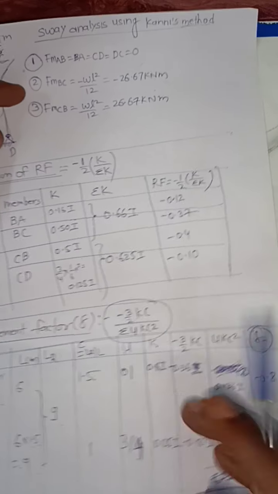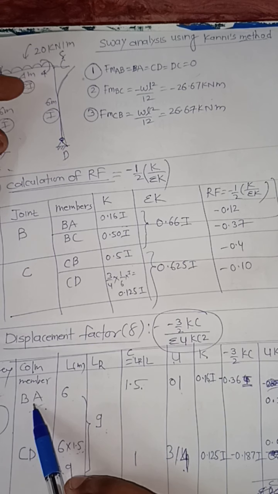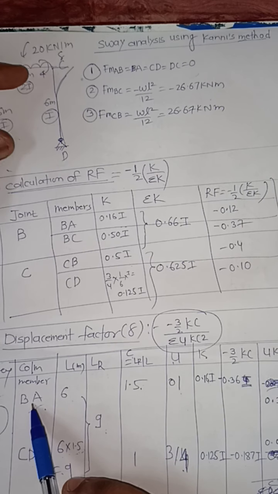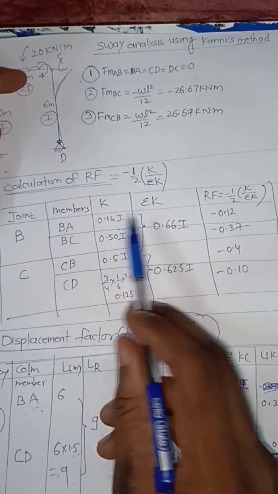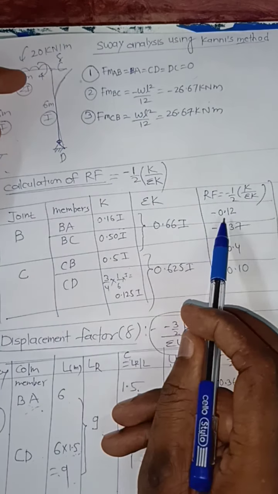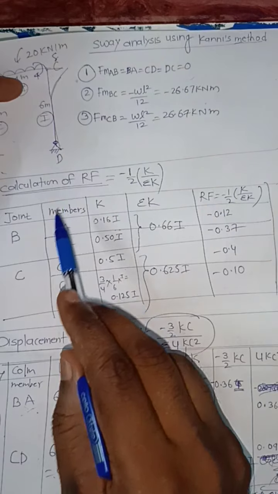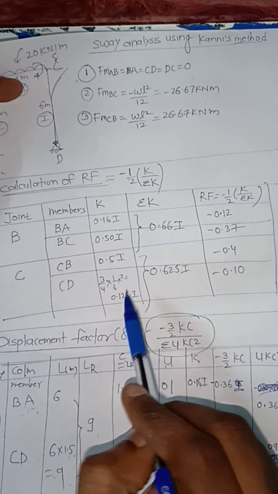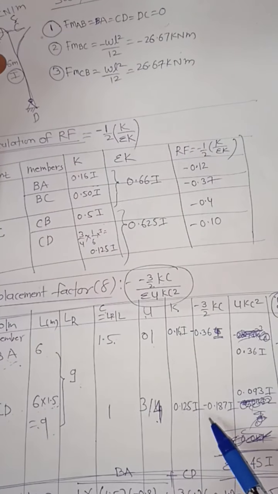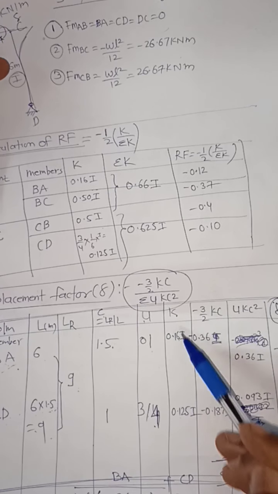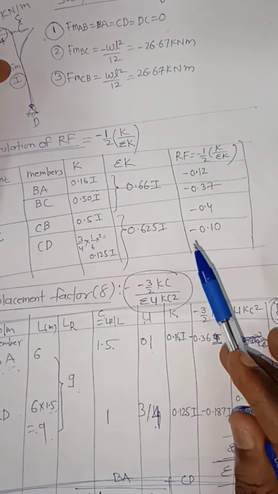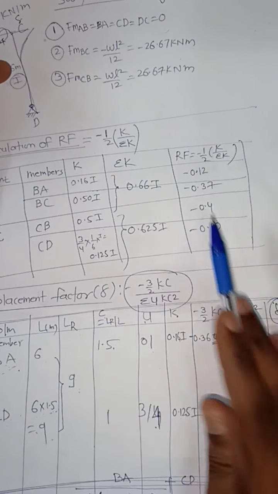K factor of BA we have already calculated, it is 0.16. So here 0.16 we have to write. Similarly for CD we have calculated the K factor as 0.125. So we have to write 0.125 here. We already calculated this K factor in the previous step.